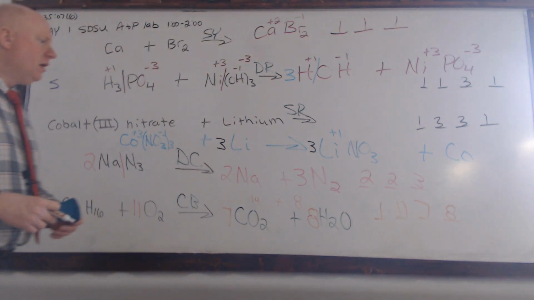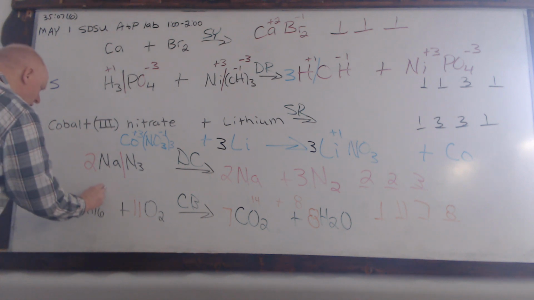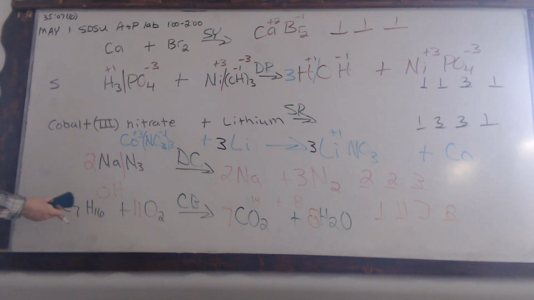Okay. Now, should this possibly be an alcohol on here, okay, which means it ends in OH, that is still a hydrocarbon. You can visualize it as that, and that still pertains if this is even or if this is odd, okay?